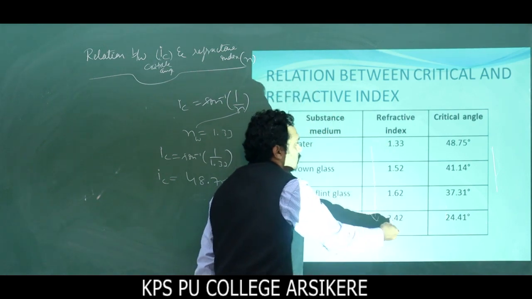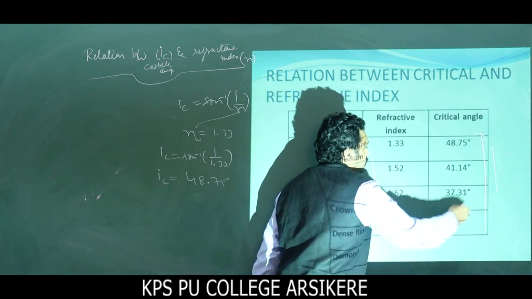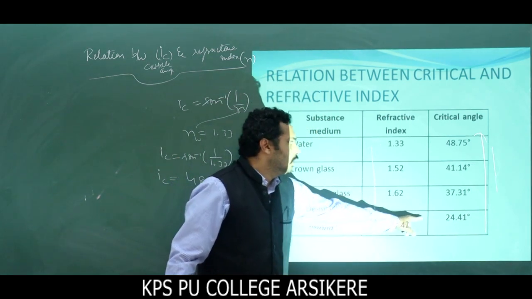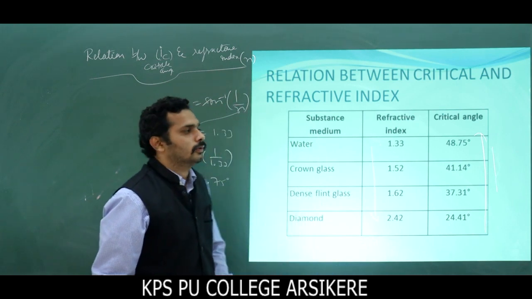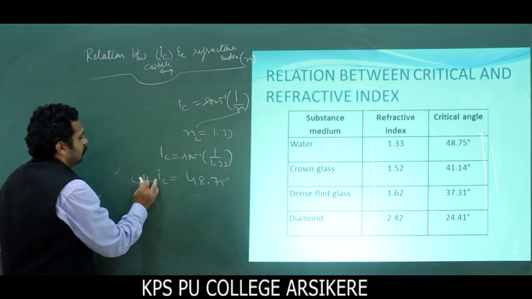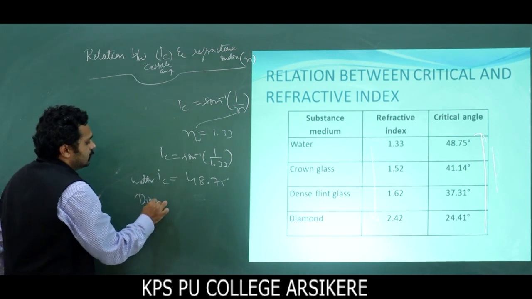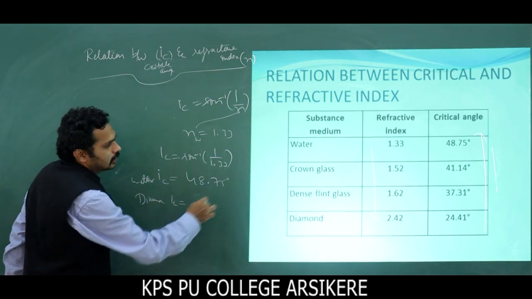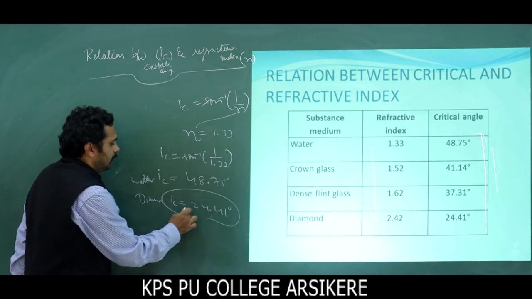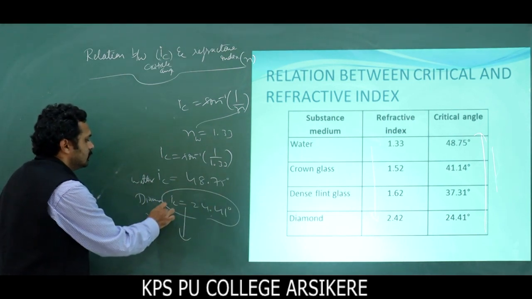If n increases, the critical angle decreases. For diamond, the highest refractive index is 2.42, and the critical angle is 24.41 degrees. So the critical angle is less and the refractive index is more.